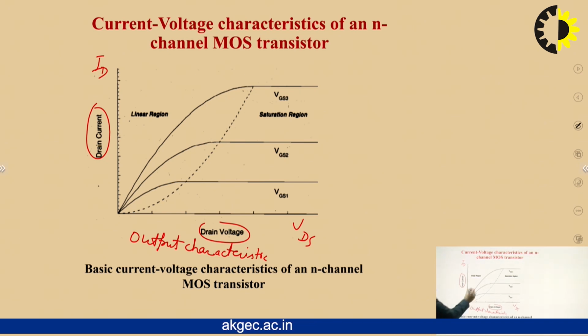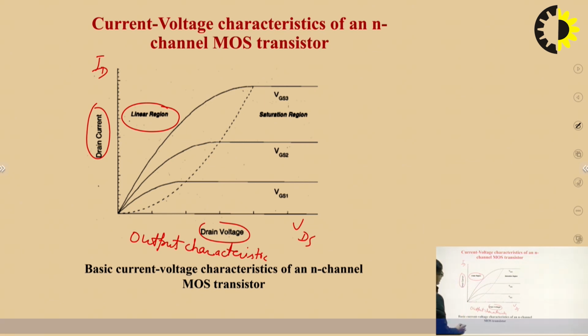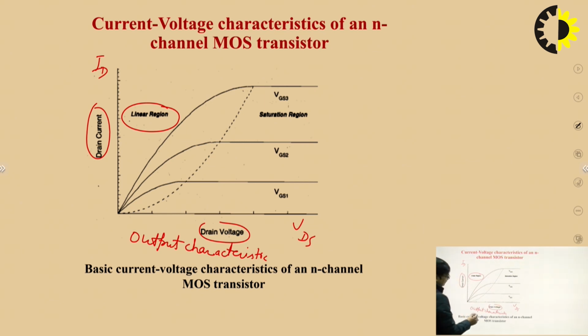Here, this is the linear region. As the drain voltage is increased, the current is increasing in the linear region. But at a point when the drain voltage reaches the VDS saturation level, then the current becomes constant. Here you can see the current becomes constant.